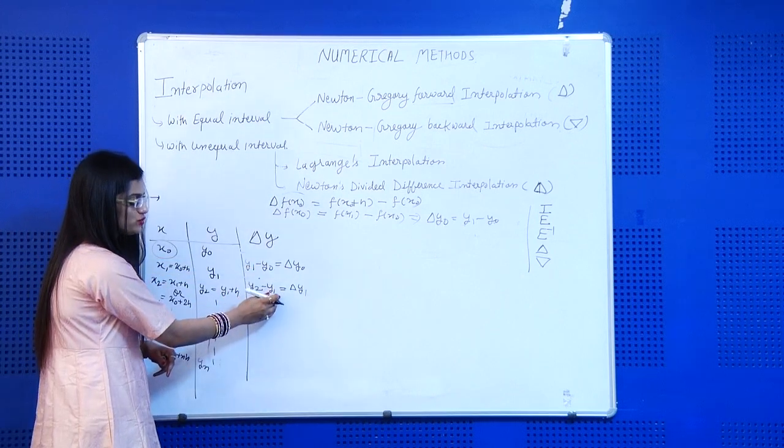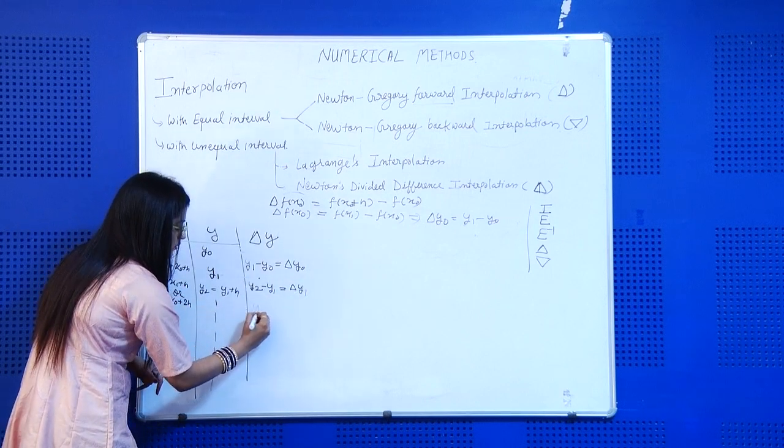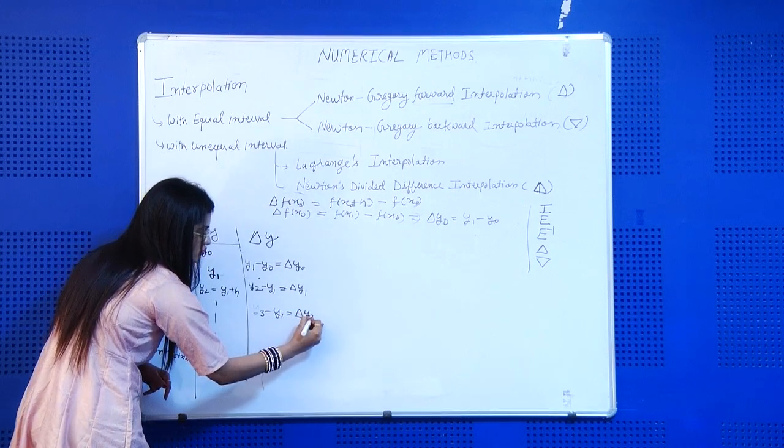Then y2 minus y1 equals delta of y1. Similarly, y3 minus y2 is delta of y2.